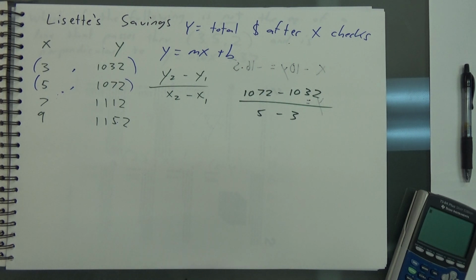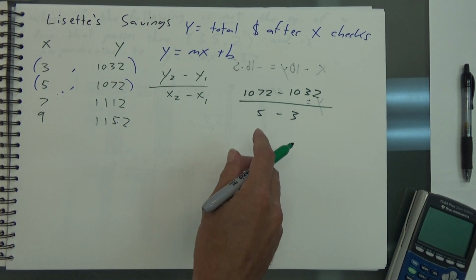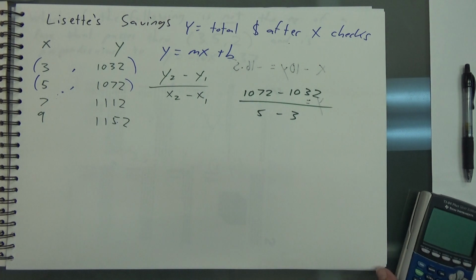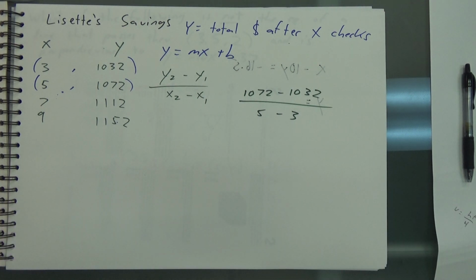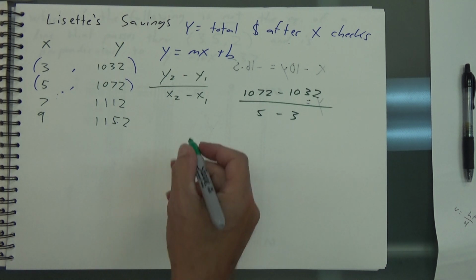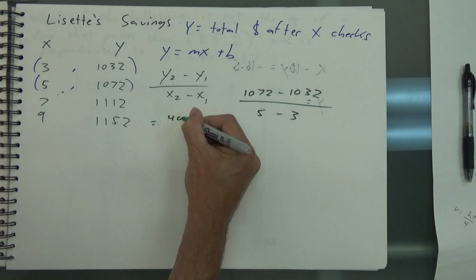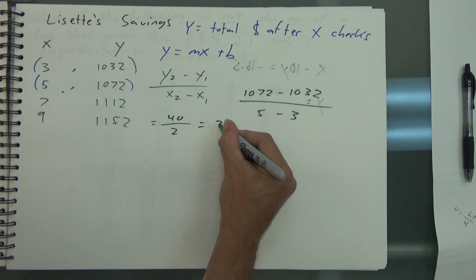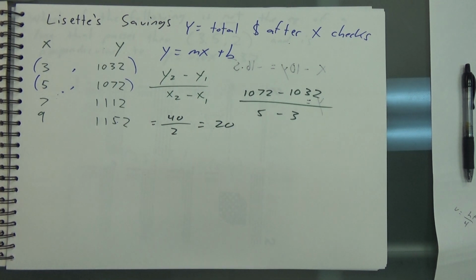And this is going to give me 40 over 2 equals 20. So our slope is 20. That means she's saving, I guess it's not a month, after x checks. x is the number of checks. So every check is $20.